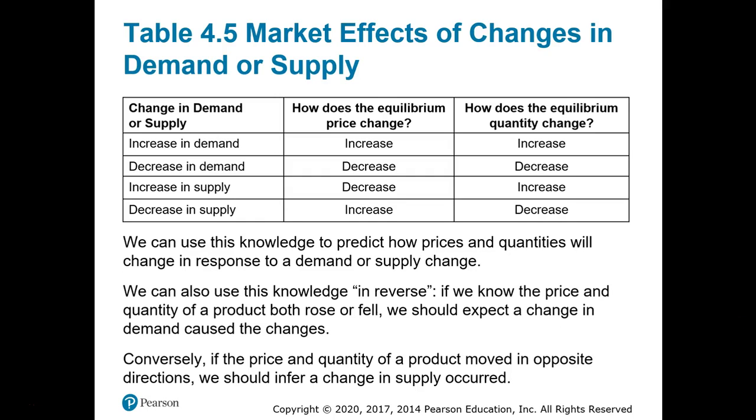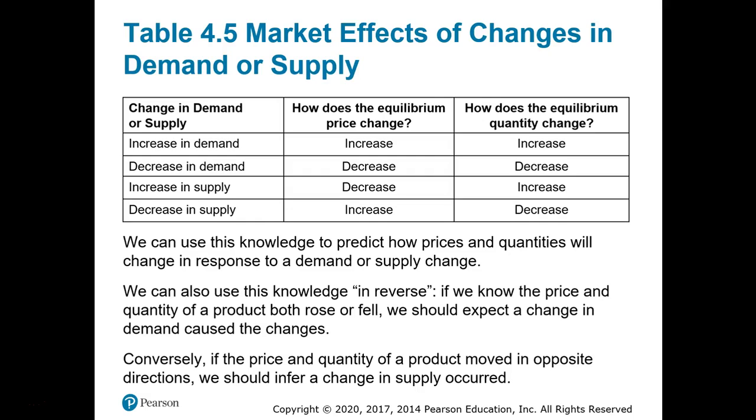Memorize this chart. It will help you understand those shifts. It will help you explain what is happening when demand and supply change. We use this knowledge to predict how prices and quantities will change and respond to a demand or supply change.